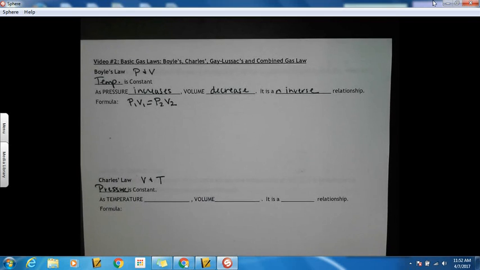And then we have Charles' law, and Charles' law shows the relationship between volume and temperature, which means it holds pressure constant. Right? So, if you think of, say, a hot air balloon, as you heat up the molecules in the balloon, as the temperature increases, what happens to the balloon?